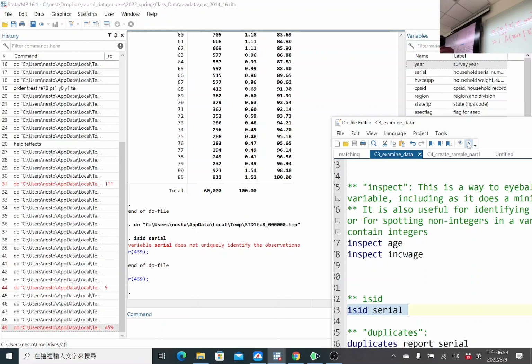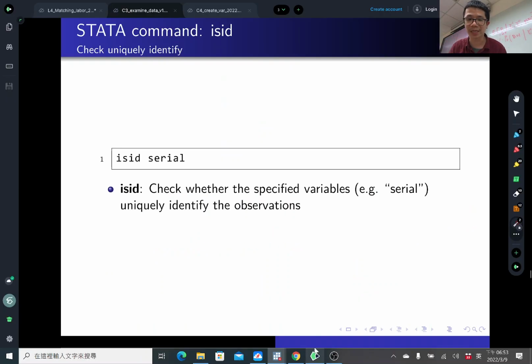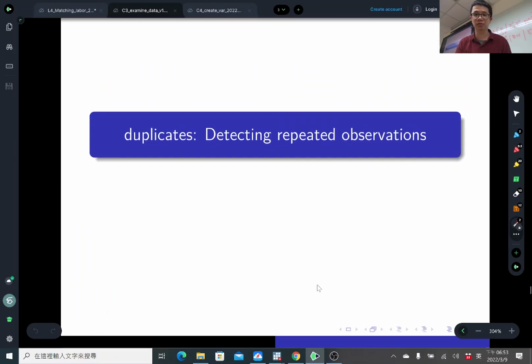And to detect the extra observations, you can use the following command, called duplicate. This can help you detect repeated observations in terms of the variable you specify.